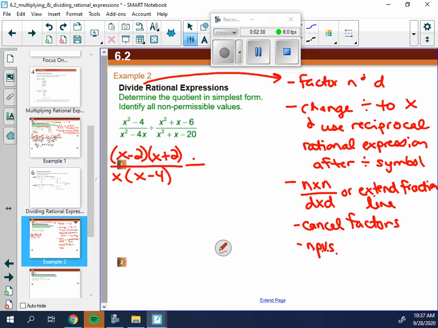Okay, we have division here. I'm going to leave my division in for now because I'm still in the first step where I'm factoring the numerators and denominators. What are the factors of this second rational expression's numerator? x what and x what? 3 and 2, which one's minus, which one's plus?